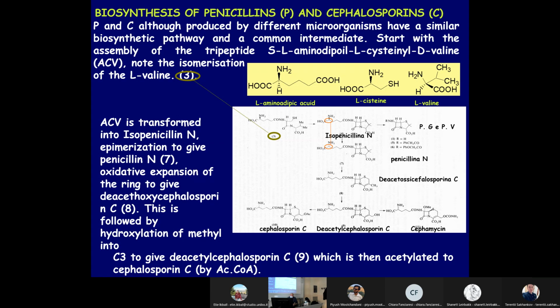And the different microorganisms are able to put together, to organize these three important compounds to get the structure of penicillin.